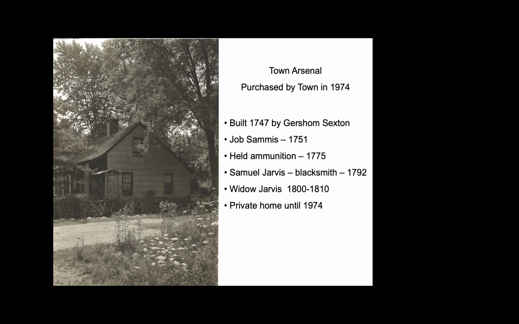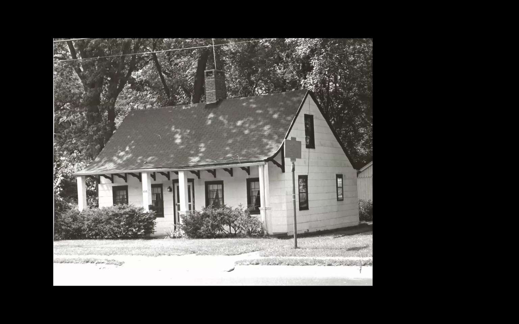And then when the British took over in Huntington in September of 1776, it ceased to be used as an arsenal. So it held ammunition for maybe a year and a half, a very brief period, but we continue to call it the arsenal. And it continued to be a residence until the 1980s. This is what it looked like in the 20th century.